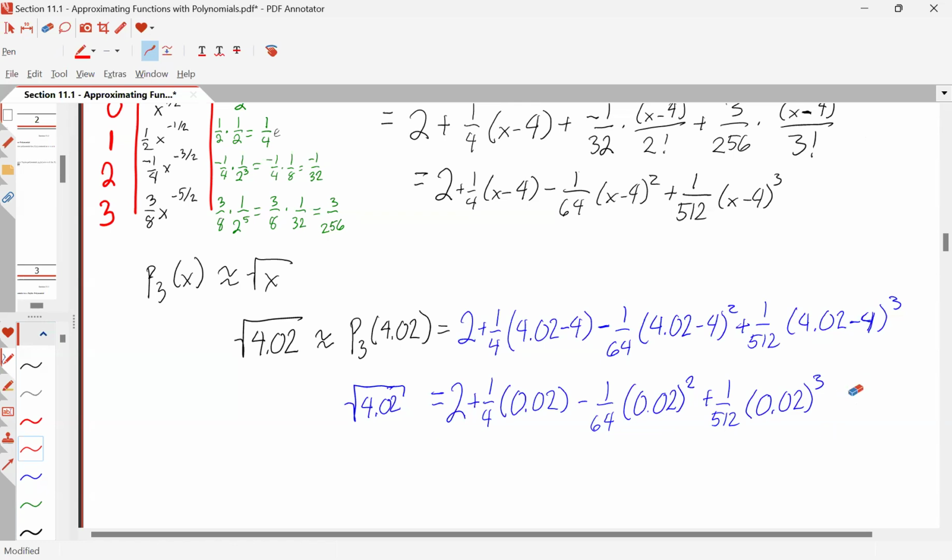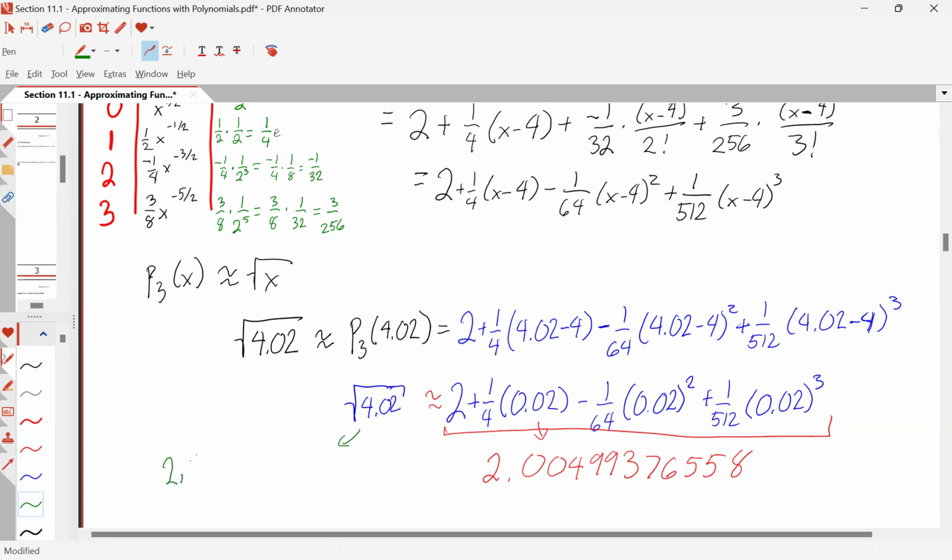However, with a calculator, I worked this out on the side. I found this right-hand side number works out to be 2.00499376558, and the square root of 4.02 is... I just took a pause.